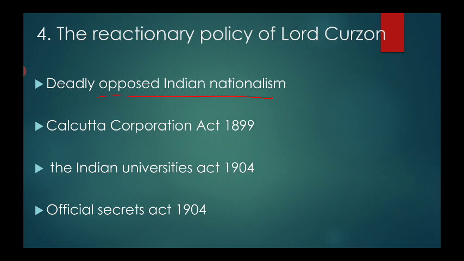Again in 1904, he passed one more act, that is the Official Secrets Act. According to this act, even the leakage of ordinary information, the smallest information, even about civil administration, was considered illegal.